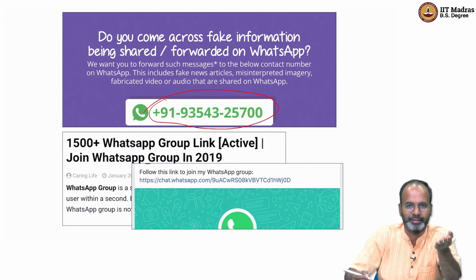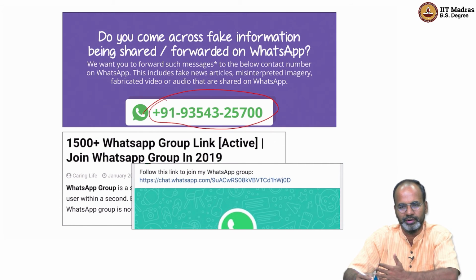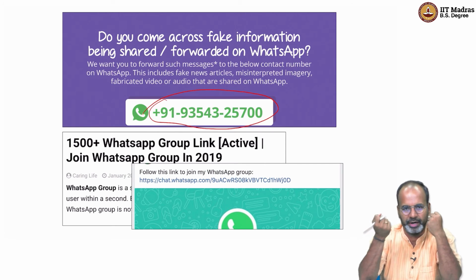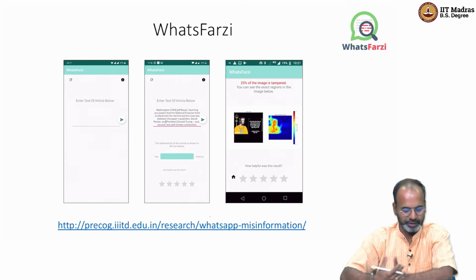If you remember the tip line that we talked about, that's exactly what we tried, where people could forward the messages to this WhatsApp number, and this WhatsApp number could collect and do the processing in the back end to understand whether this content is real or fake. Again, the tip line that we talked about before, just to refresh your memories, where people forwarded the messages. Using that, analysis was done to see when the content comes to a tip line compared to when it is in the public group. That's WatchForZ. Same meaning.